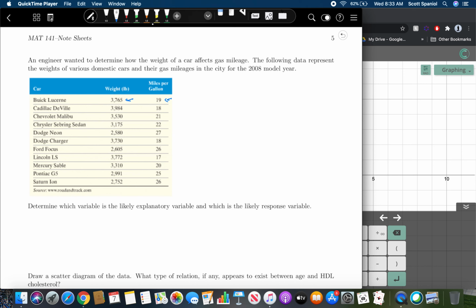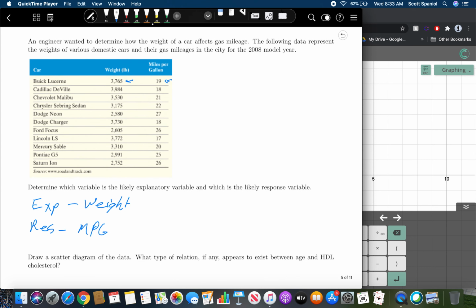Does miles per gallon determine how much the car weighs, or is it more likely that the weight could be a determining factor in how many miles per gallon the car gets? It's most likely that second one. So the explanatory variable is going to be weight, and the response variable is miles per gallon.